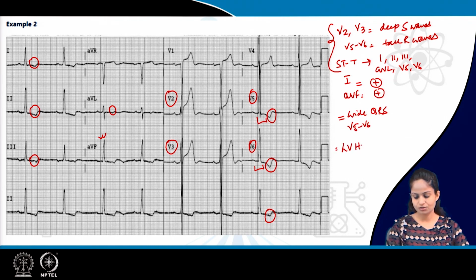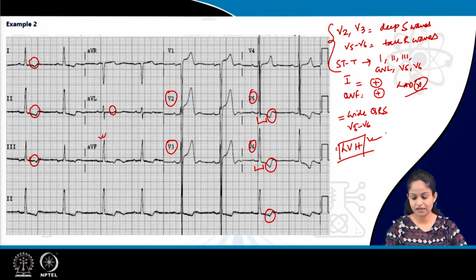So, this also tells of left ventricular hypertrophy. We had left axis deviation in the previous example. Here we do not have left axis deviation, but still we have the other features to denote it as left ventricular hypertrophy.